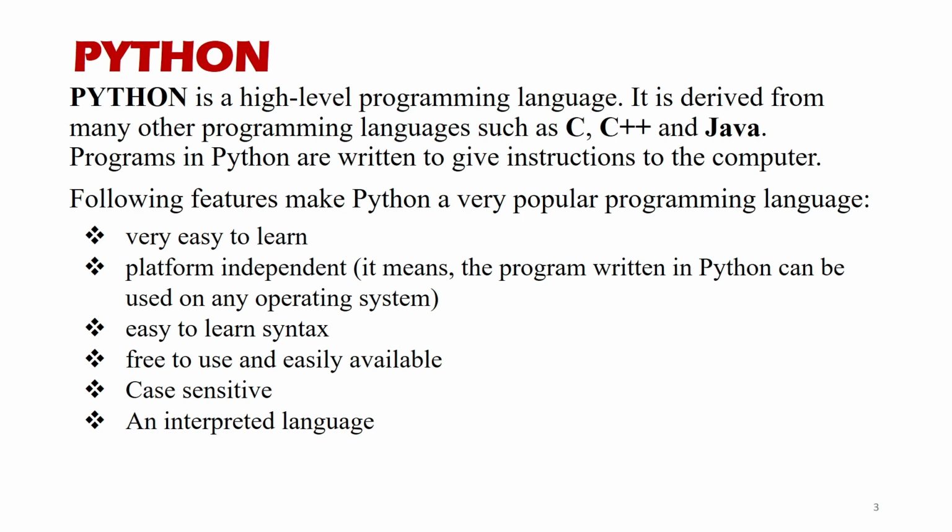So platform independent means a program written in Python can be used on any operating system, may it be Windows, Mac, Unix, Linux, or any other operating system that you use. Even on Android, you can use Python on your phones.